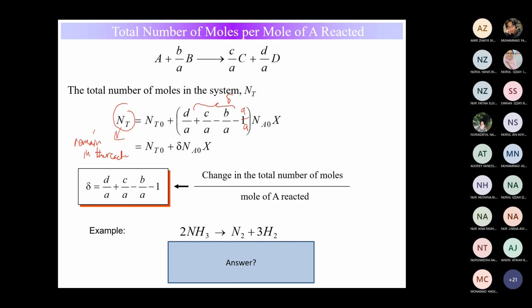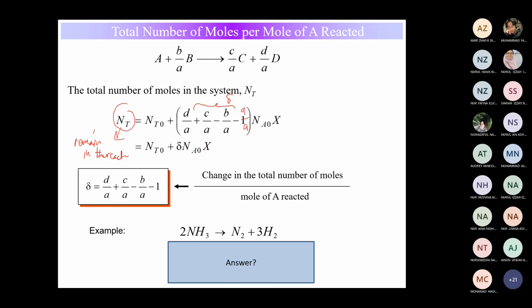I don't know the name of this symbol, but I call it del. This delta represents this equation, the one where you divide the stoichiometric coefficients by the stoichiometric coefficient of A.